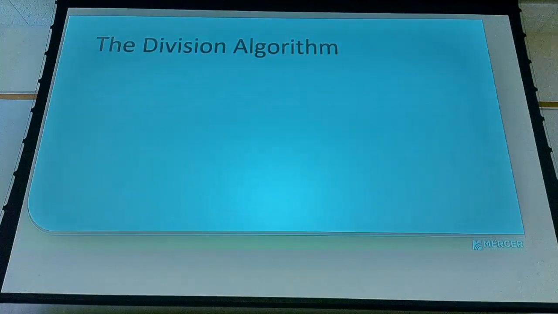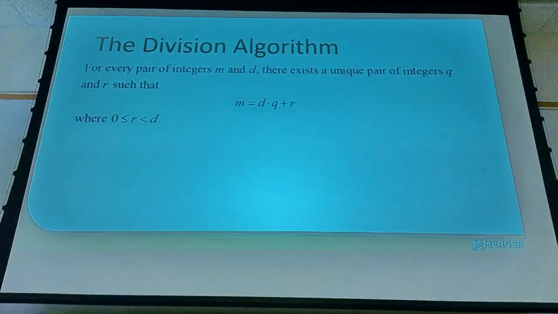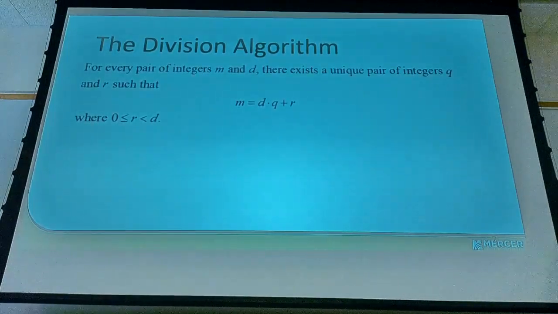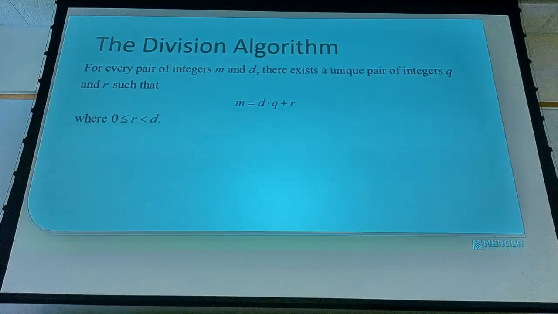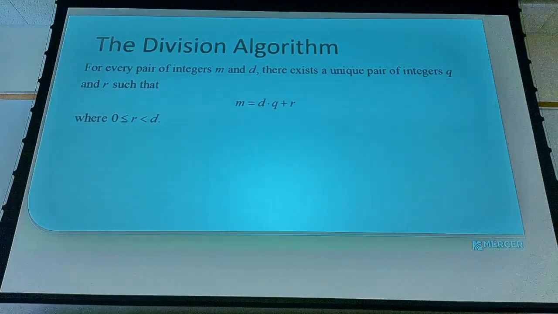What the division algorithm says: for every pair of integers n and d, you have a unique pair of integers q and r, where n is d times q plus r, and r is between 0 and d.